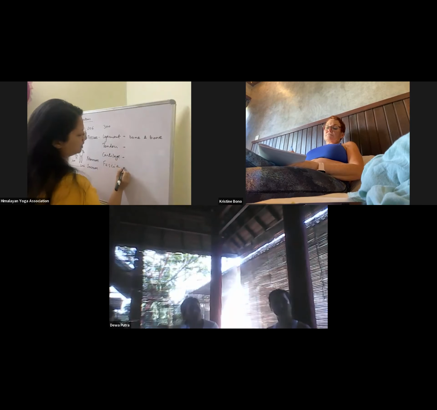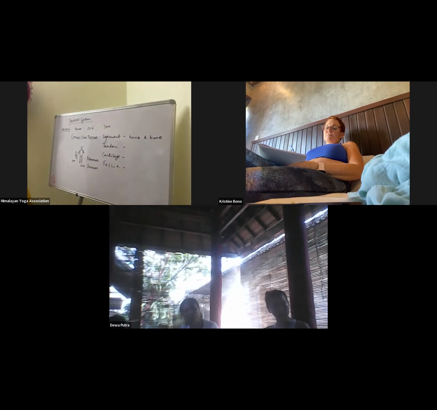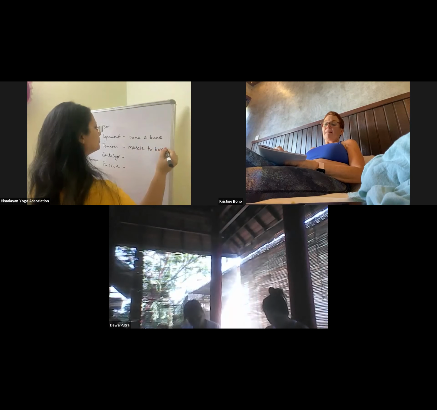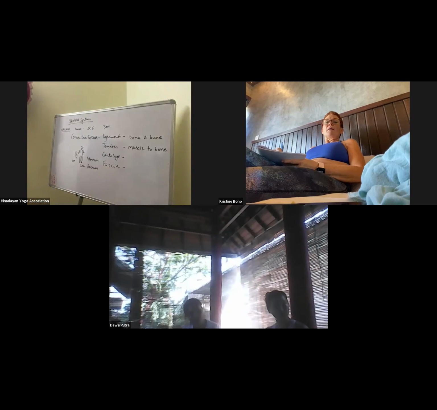Okay. So what is ligament? Ligaments are the connective tissues which are holding two bones together. Then we have tendons, muscle to bone. Tendons are those connective tissues which are holding muscles to the bones.